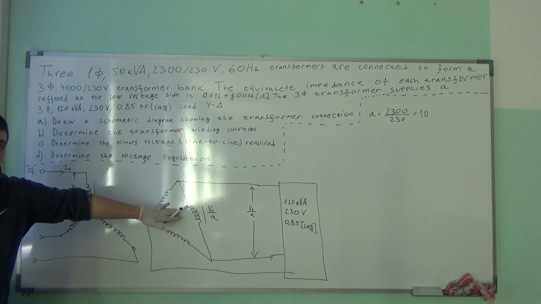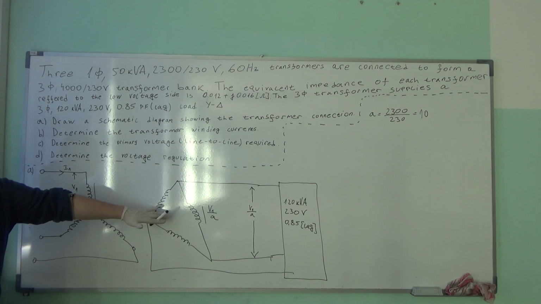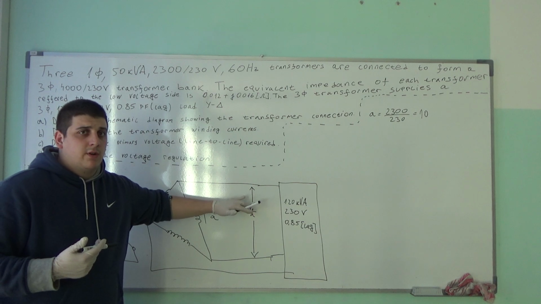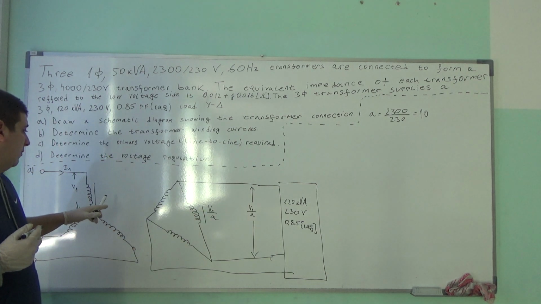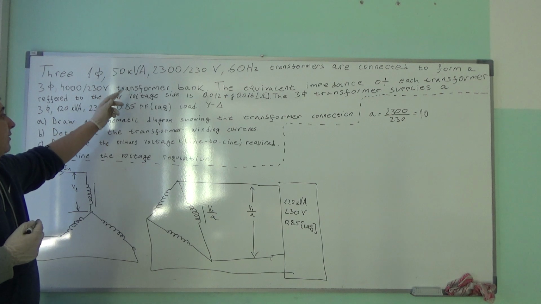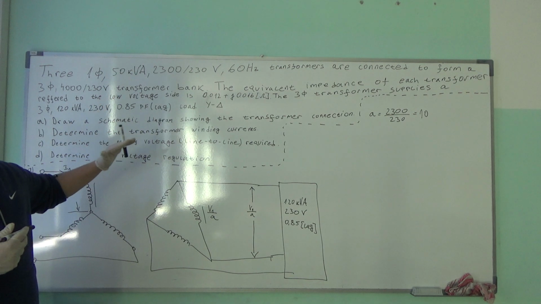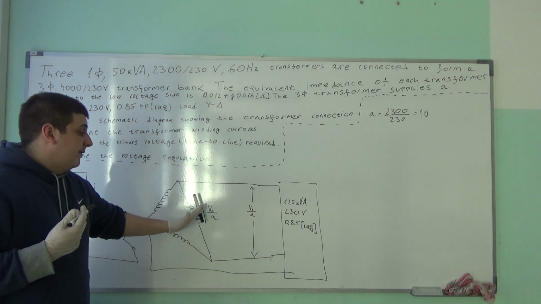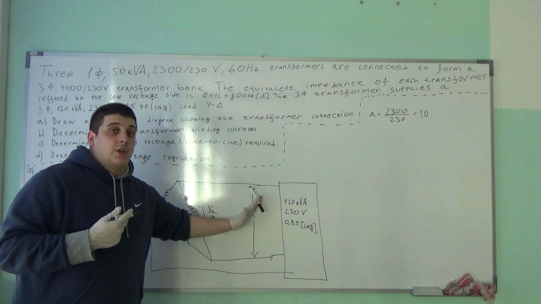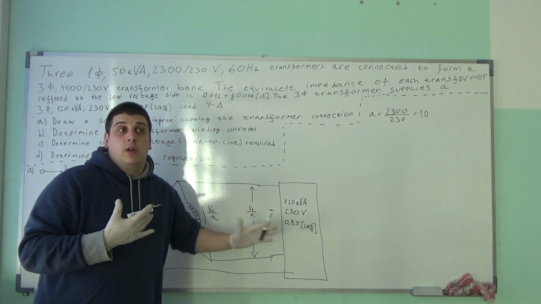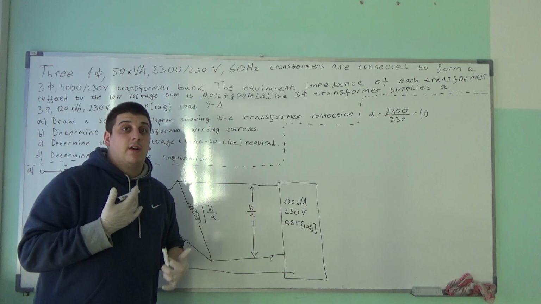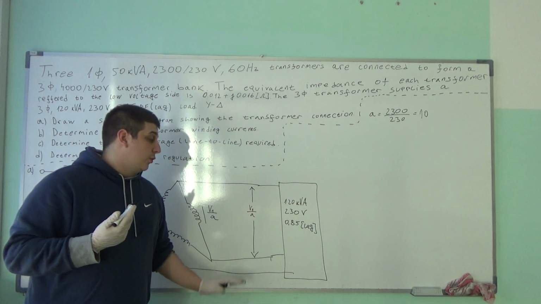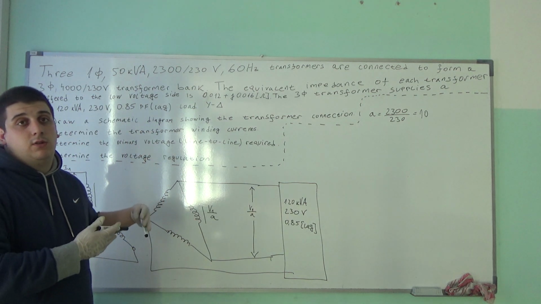If this was a Y connection, it wouldn't be the same; it would be V1 times square root of a. So V1 divided by a is 2300 volts divided by 10, which is equal to 230 volts. The phase voltage is then equal to the line voltage, and the required load on the output is 230 volts. So that's why we have to have this in a delta configuration.